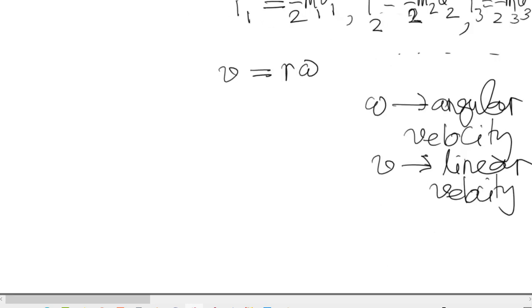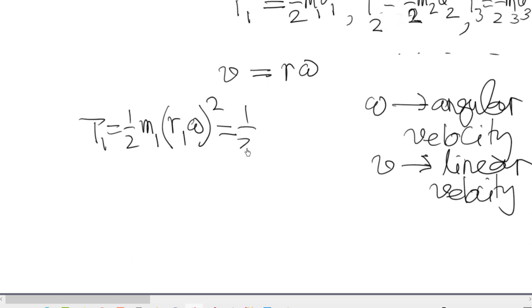So if we apply this here, then we can write down T1 equal to half m1 into r1 omega whole square, which is half m1 r1 square omega square.